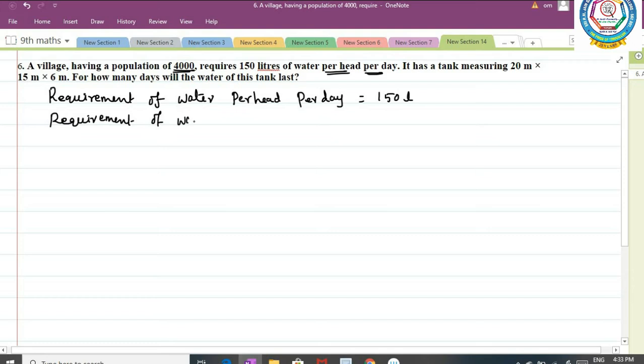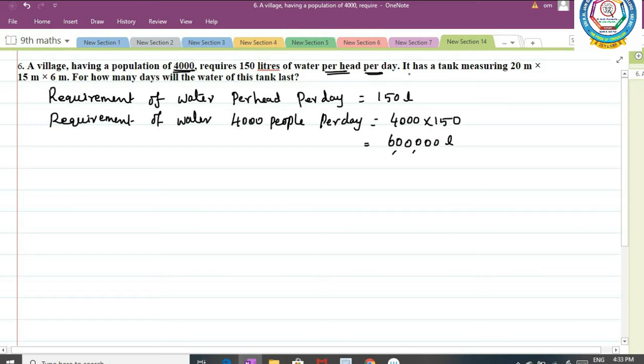How many people are here? 4,000 people, so the requirement is 4,000 into 150. Multiply 4 into 15, that is equal to 60. Remaining 4 zeros, you can add directly. So 6 lakh liters of water is the requirement of 4,000 people.